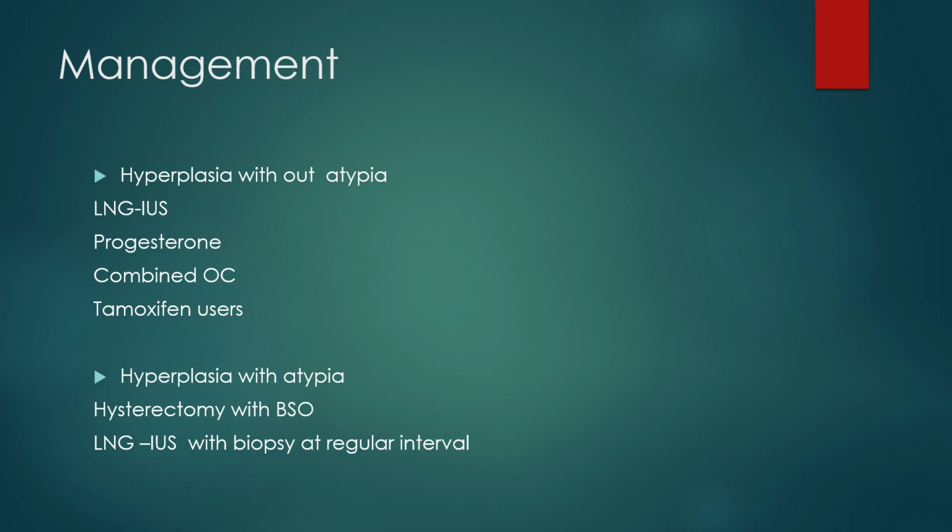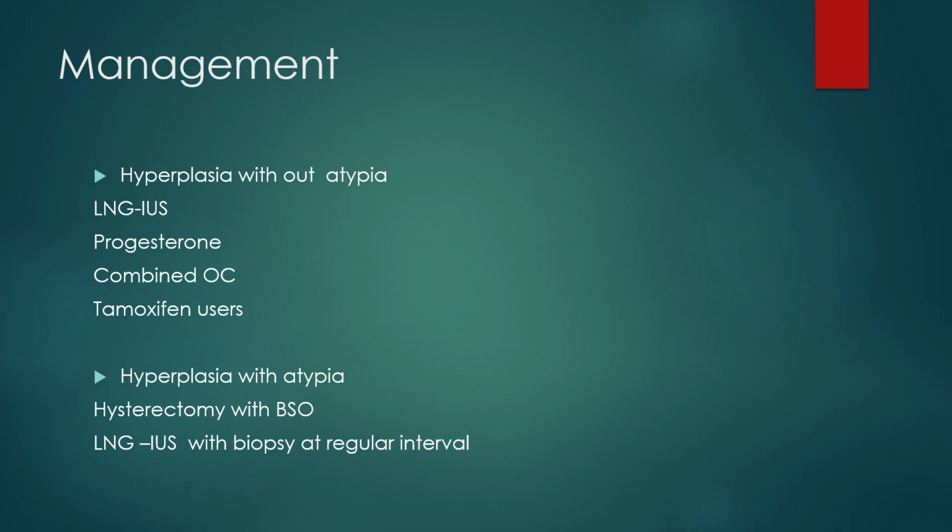If the nuclei show irregularity or increase in size, or nuclear atypia, then we call it hyperplasia with atypia. And the management depends on whether there is atypia or not.